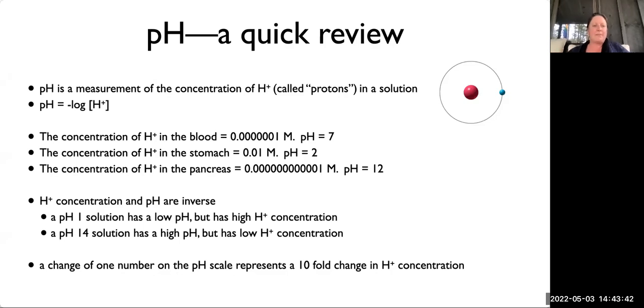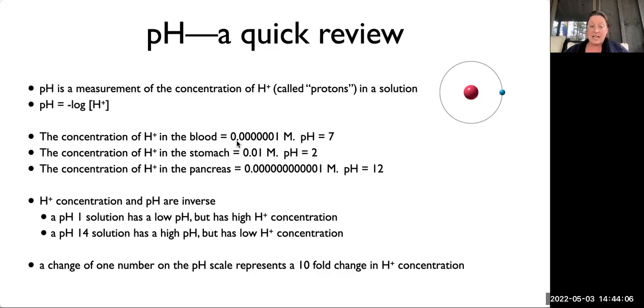Let me show you what I mean. If we take the concentration of protons in the blood, which is measured at 0.00000001 molar, and we plug this concentration into this equation, then we end up with a pH of 7. Now, where does that 7 come from?